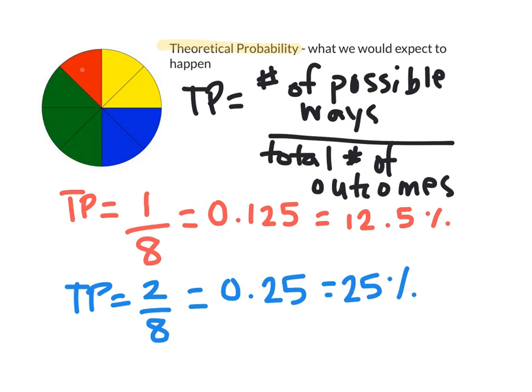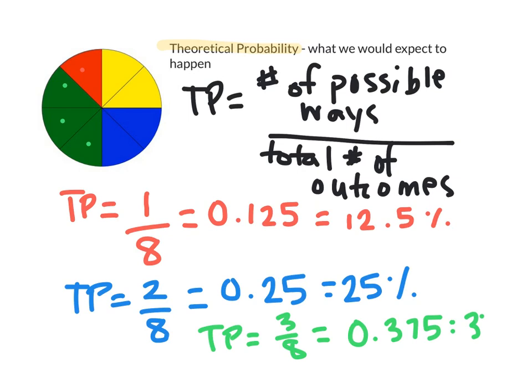And then finally, let's look at the theoretical probability of green. So there are 3 green out of 8. Then we can divide 3 by 8. We get 0.375, which would be 37.5%.